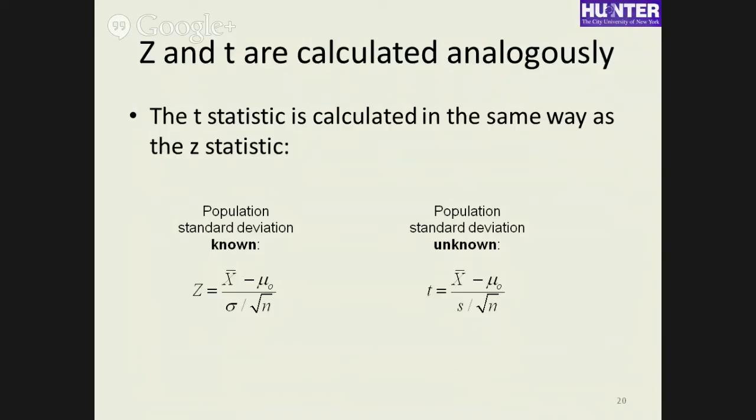If you have a small sample, you could reasonably make the assumption that the standard deviation is the same as the population and just do a test on the mean. And if you decided to do that, you would use the z distribution. If you decided instead to estimate both, to estimate your standard deviation from your sample, then you'd use the t distribution.